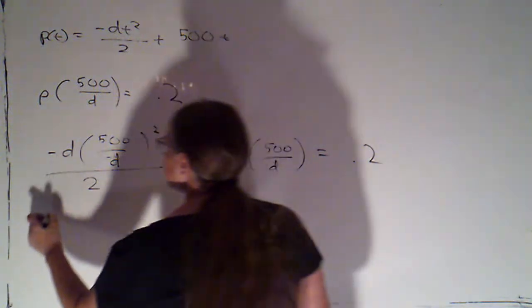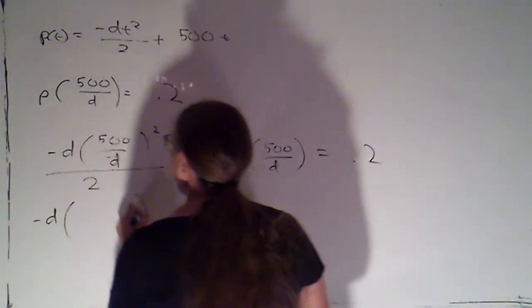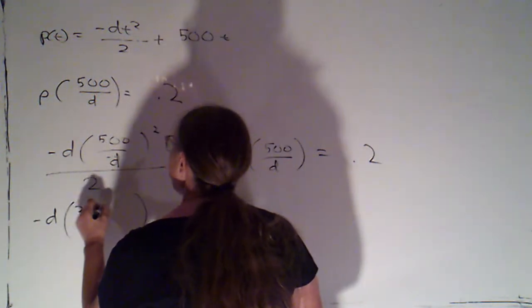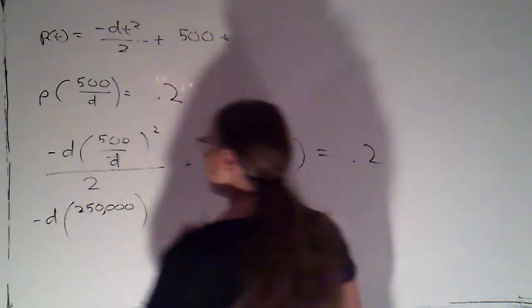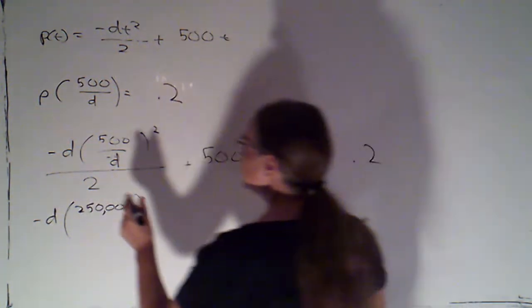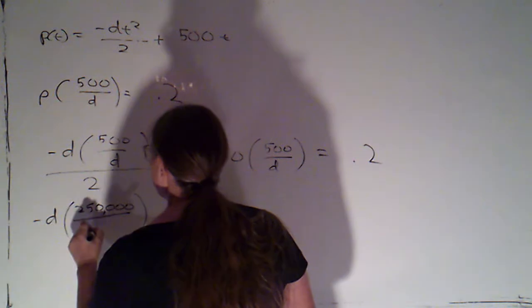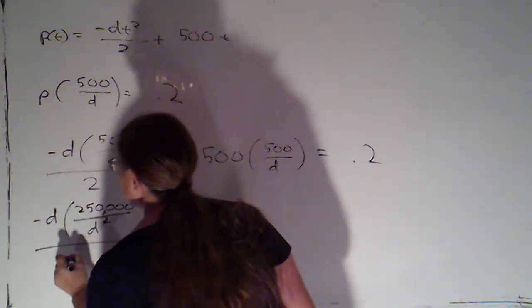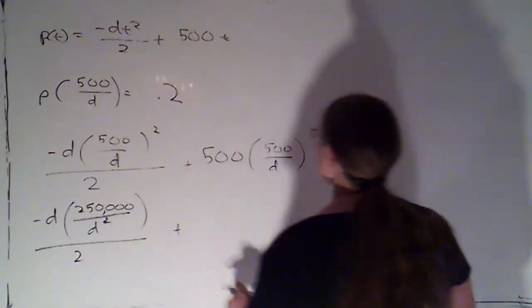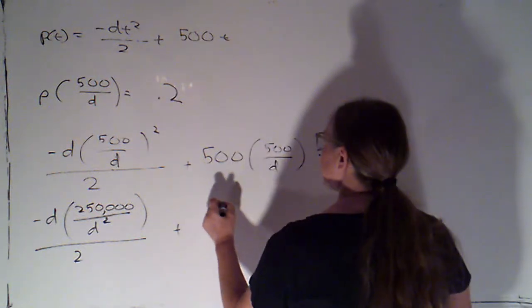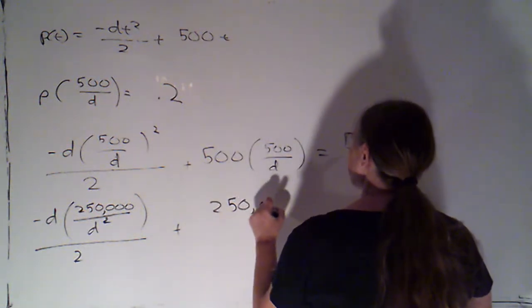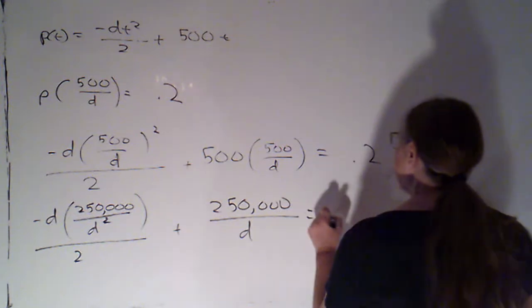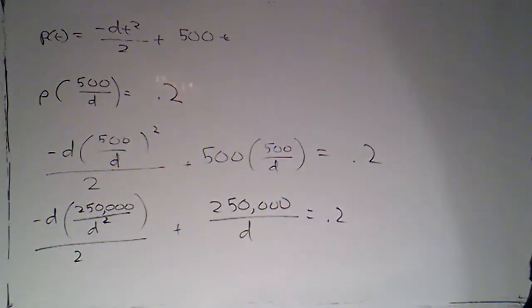Okay, so this is negative d times, that's going to be 25 followed by 4 zeros, so that's 250,000 over d squared, all over 2, plus 500 times 500 is again 250,000 over d, and that's going to equal 0.2.